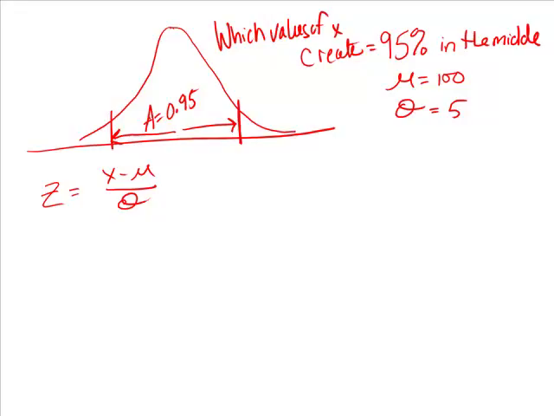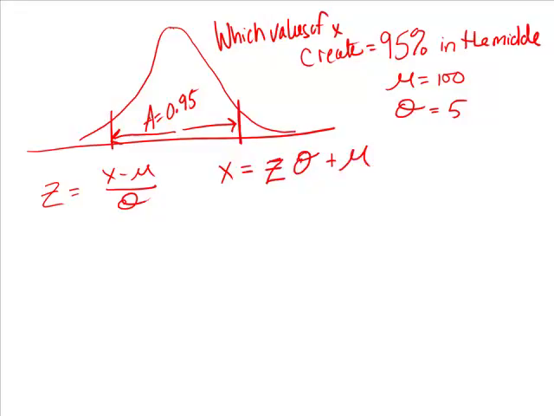So we're going to use a different formula. We're going to use the exact same formula, but we've solved this formula for x. So what does it look like now, Joey? X equals z times sigma plus the mean. Plus the mean? That's what I wrote down.